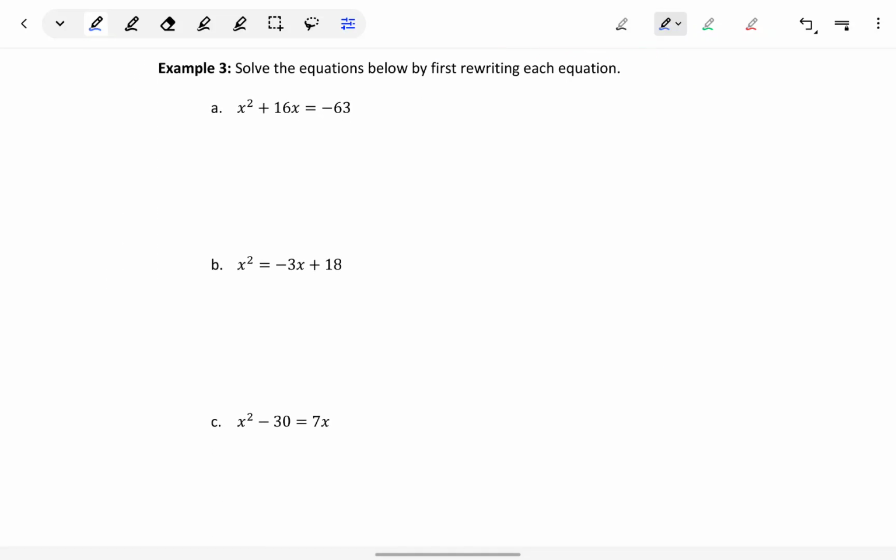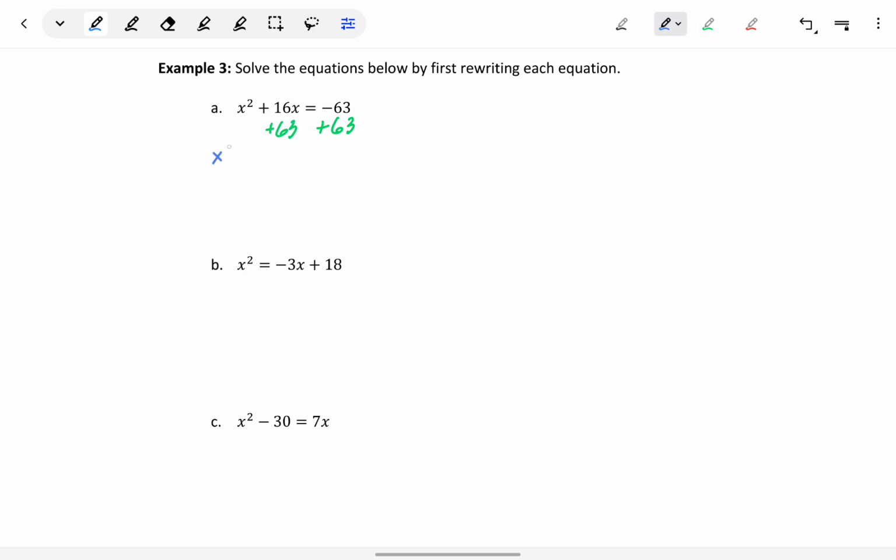We can do the same thing in example 3, but we're going to have one or two additional steps in this case. What we have is not a trinomial set equal to 0, but we do have an equation that we can rewrite to turn it into a trinomial set equal to 0. In example 3, part A, we'll start off by adding 63 to both sides.